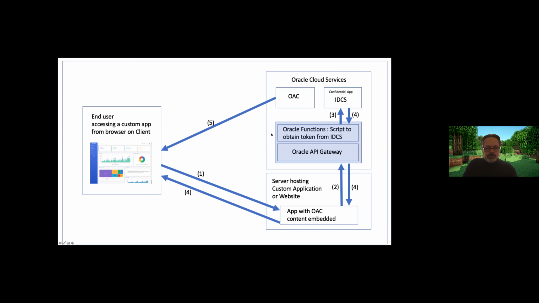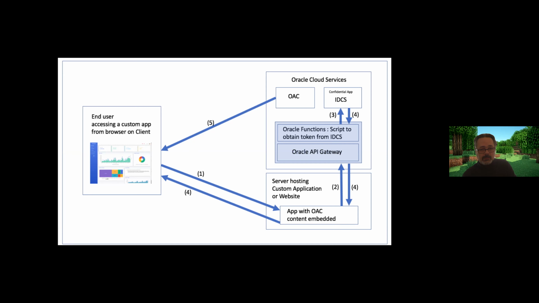Now you could be passing a user ID into that script because you want to be able to authenticate as that user ID and get a token for that user and only see the data that that user is entitled to see. That function service could be running on Java or Python, or you don't need to use the Oracle Functions service and the API Gateway.